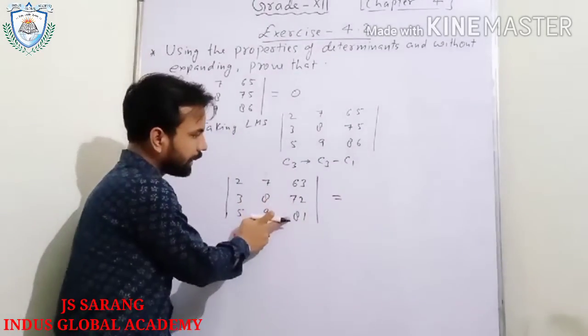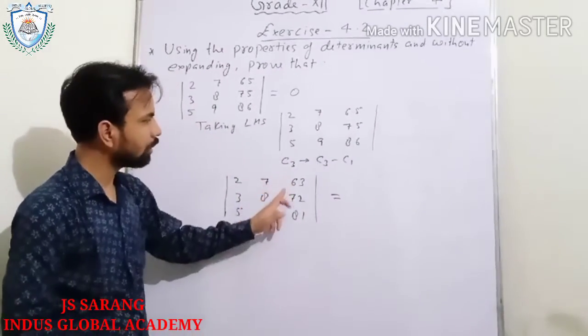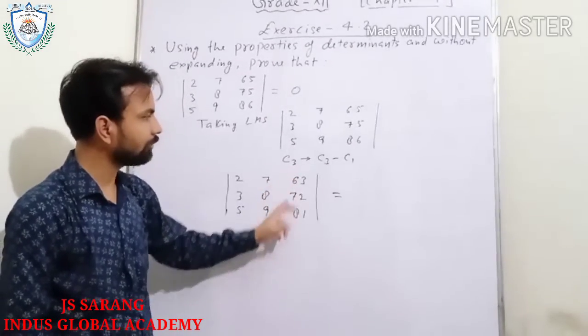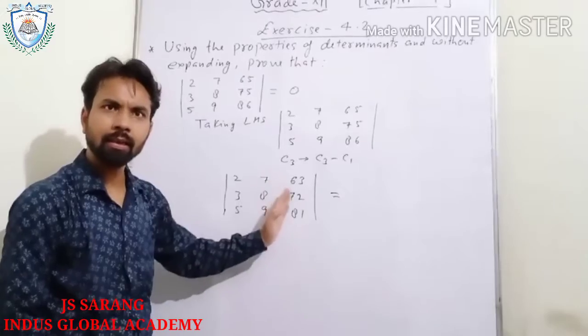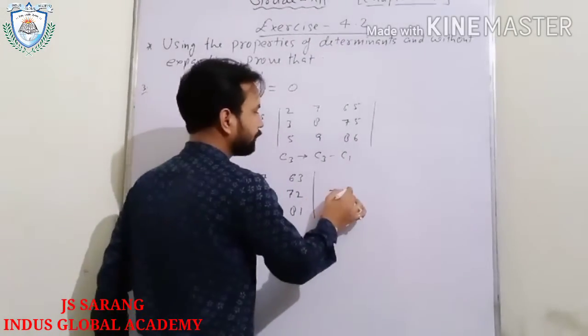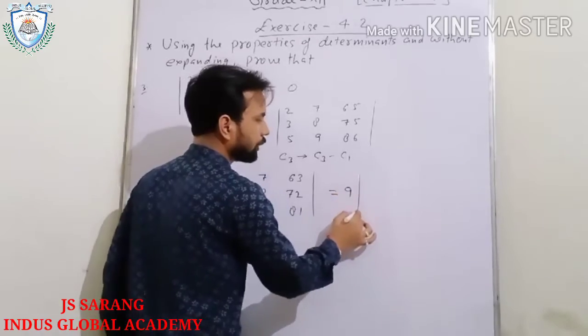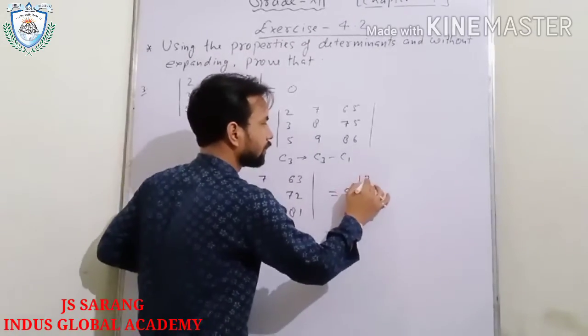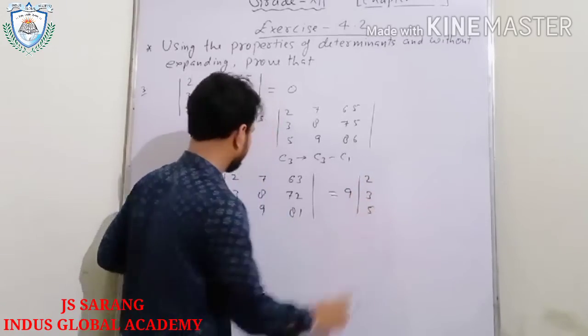63, 72, 81. All are the multiples of 9. So we can take 9 common from this column. If 9 is common, it will come out of the determinant. First column will remain the same: 2, 3, 5.